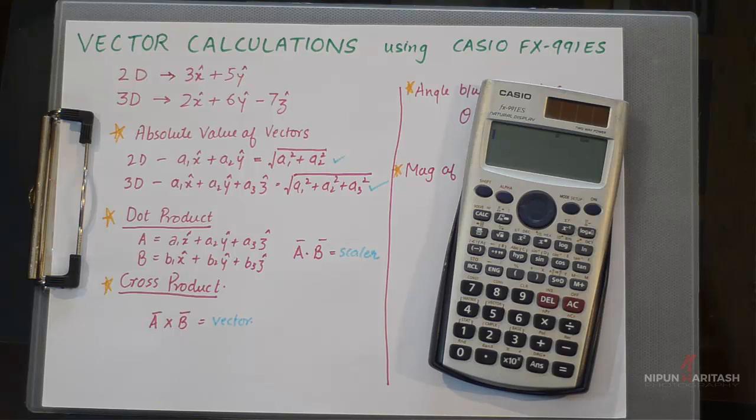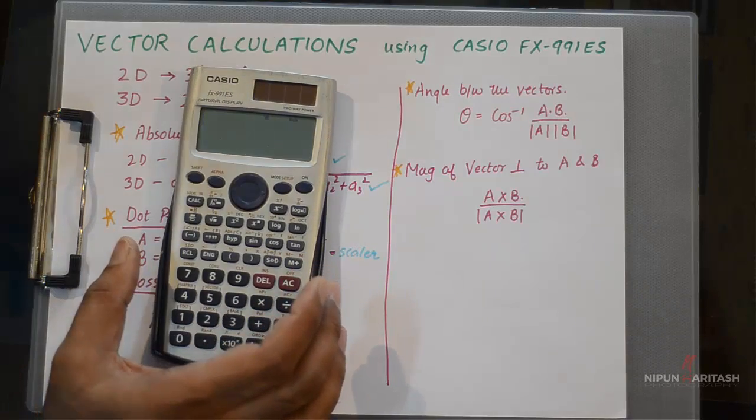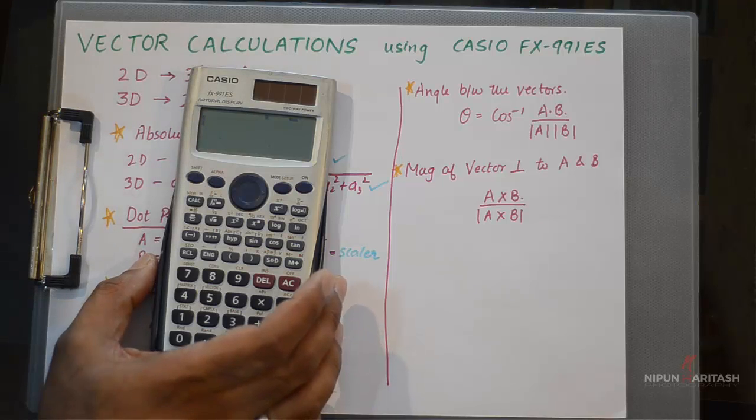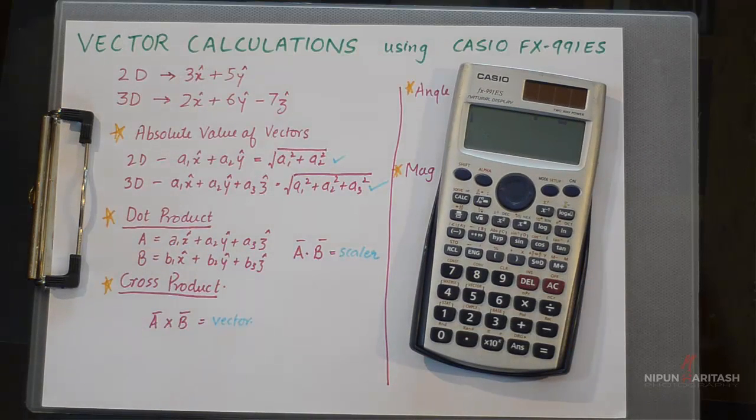So in this tutorial I'll be covering everything, and finally I'll be covering how to calculate the angle between the vectors and the magnitude of the vector which is perpendicular to two given vectors. So that is going to be the agenda. Now let's start with the actual operating instructions on the calculator.